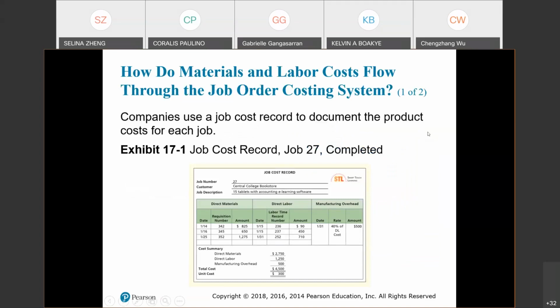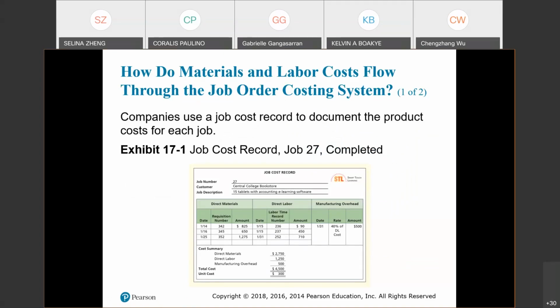First of all, let's deal with the easiest part, materials. Let's see how materials and labor costs flow through the job order costing system.